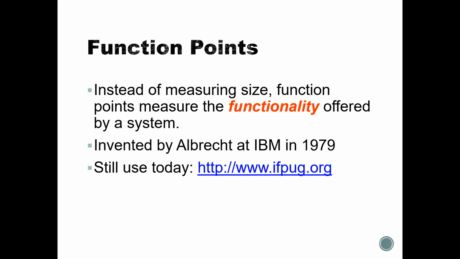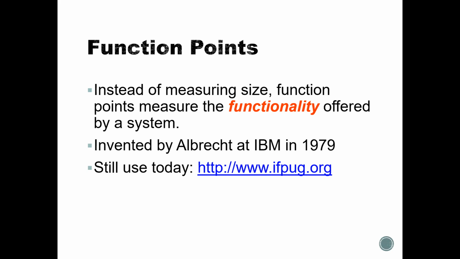There are some mathematical models that can be used to perform measurement, and one of them is function point. Instead of measuring size, in the sense of lines of code or the overall complexity of the software, function points can be used to measure the overall functionality that the whole software is going to offer.